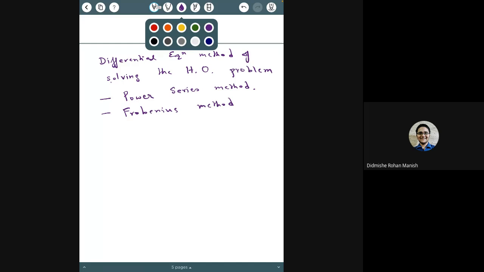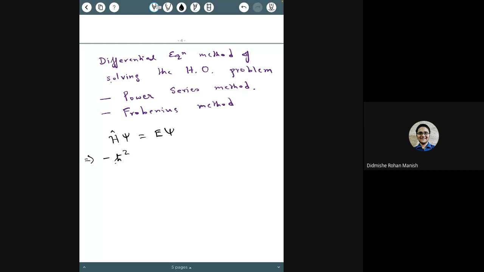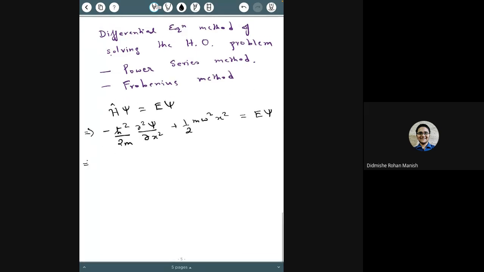Fine. So now we have to go back to the Hamiltonian and the Schrodinger equation. So H psi equal to E psi. And now we will just stick to writing it in the standard differential equation form. Okay.